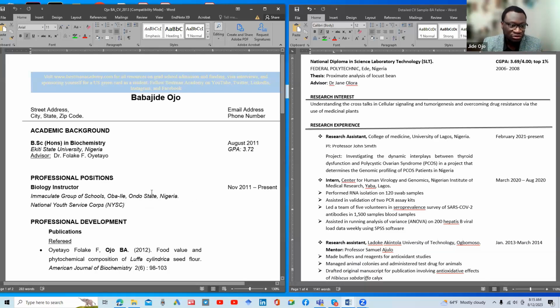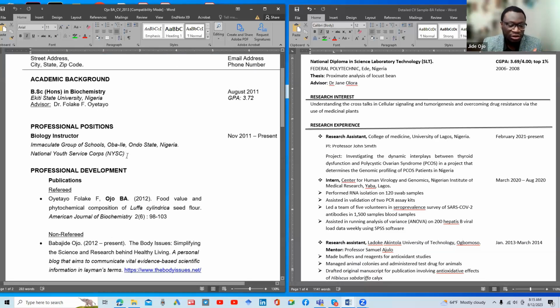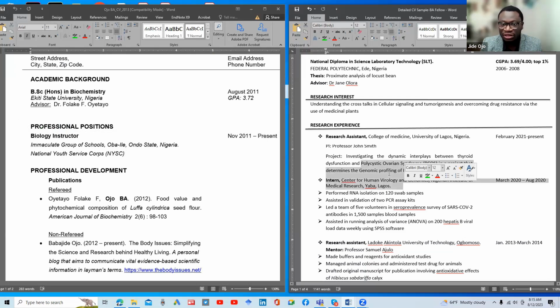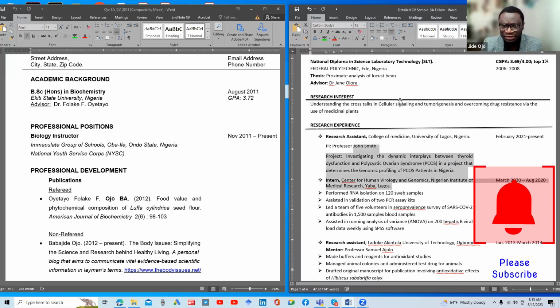So you just use the abbreviated version here, where most professors that see these things, these professors are not illiterate, right? They can understand what your role as an instructor would entail. So I'm saying if you don't have a lot of experience, you might consider using the format on the right. I'm going to send this out to everyone that attended this meeting, so you can decide what format will work for you.